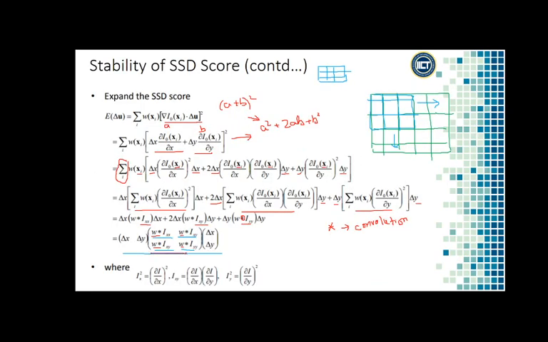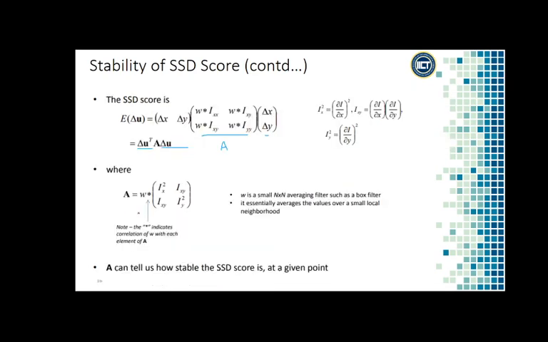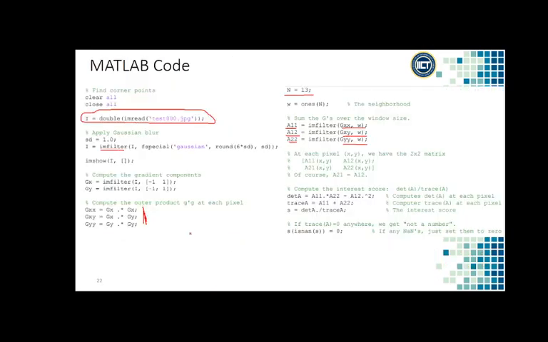We refer to this matrix as A. Once we have the images A11, A12, and A22, we create a 2 by 2 matrix like this.